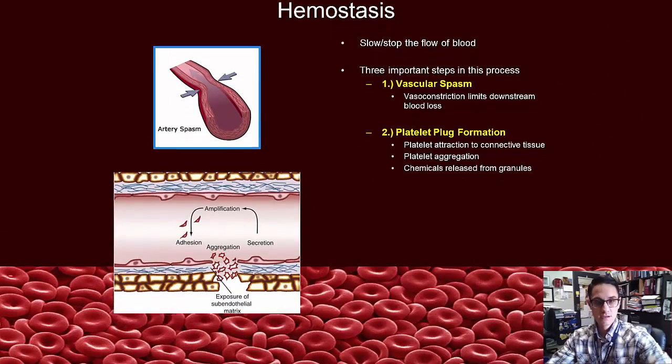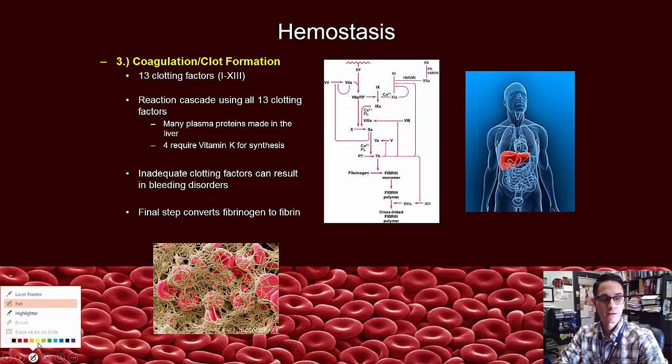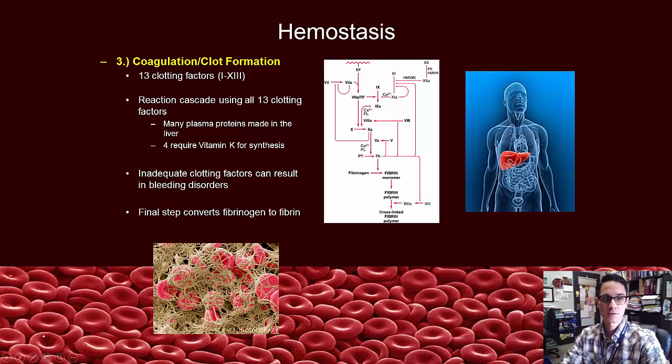All right, let's talk now about the third step in the most complex of the three in this process of hemostasis, and that is coagulation, or the actual formation of the clot. Okay, in order for this process to take place, we are going to use 13 clotting factors.